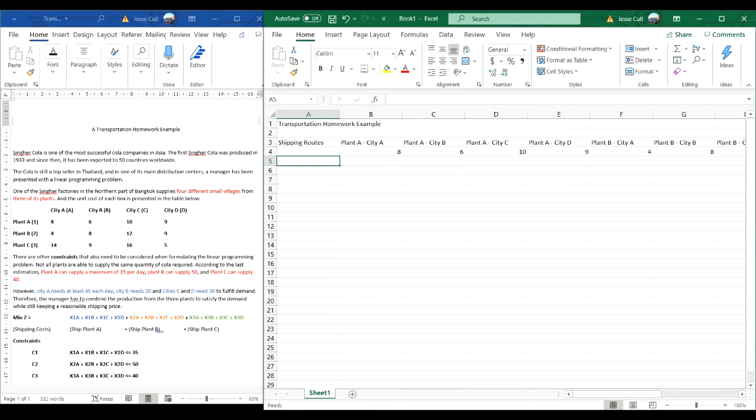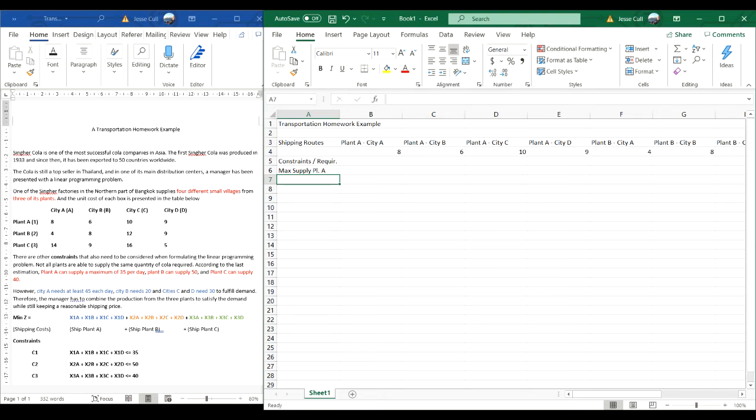That's the same thing we always do. Once we've done that, we move on to our constraints or requirements. That's where we fill in right here. The first one, constraint 1, is the maximum supply of plant A. Plant A can supply a maximum of 35 per day.